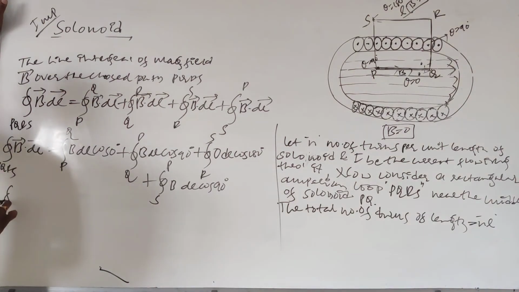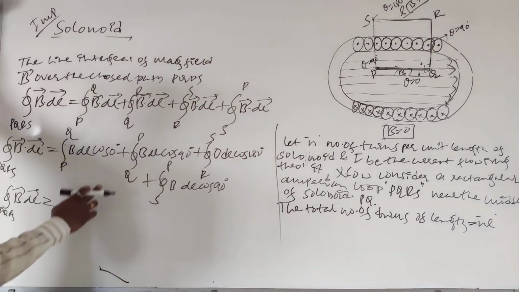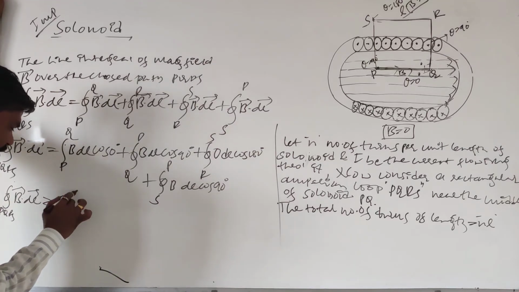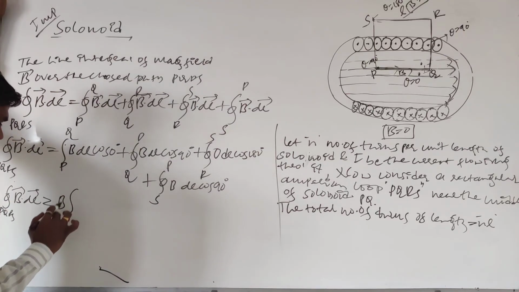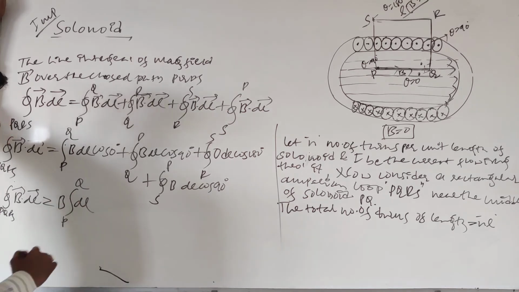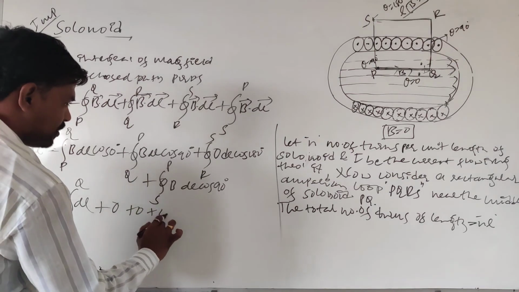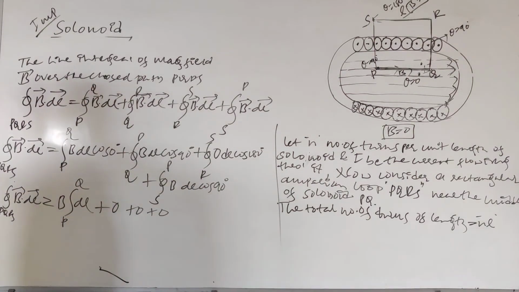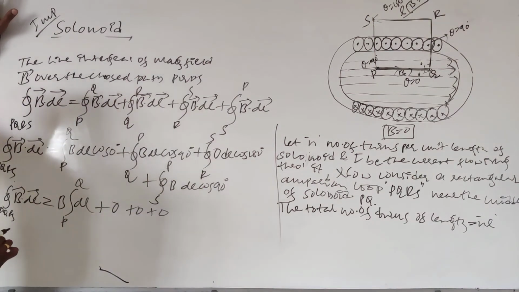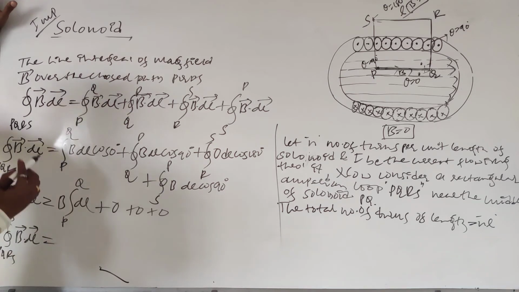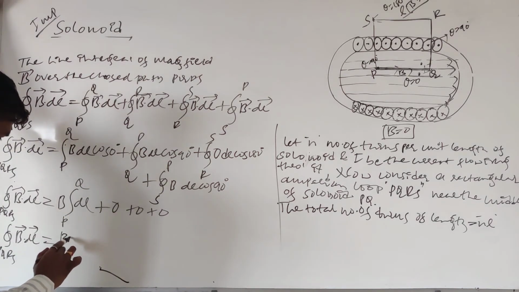So then once again the integral over PQRS of B dot dl: cos 0 is equal to 1, and I am going to take B outside, so it becomes B times the integral of dl over PQ. The other terms become 0, 0 and 0, right? So the closed integral of B dot dl is equal to B into l.